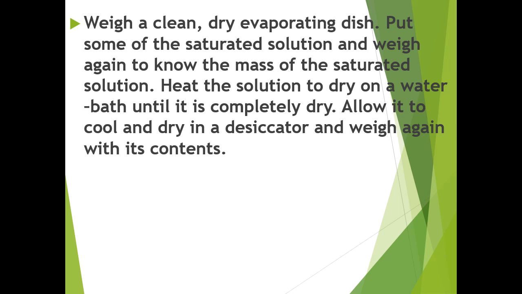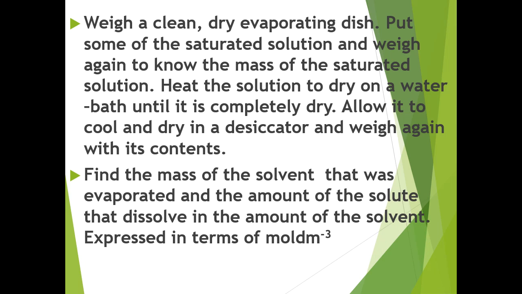A desiccator is an apparatus that is used to dry chemical substances. Then find the mass of the solvent that was evaporated and the amount of the solute that dissolved in that amount of the solvent. You express it in terms of moles per dm³.